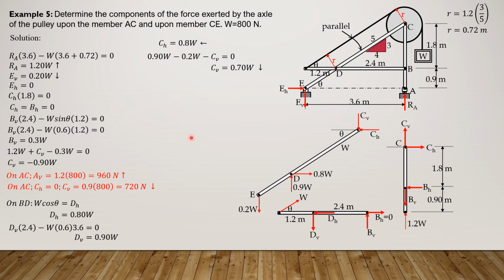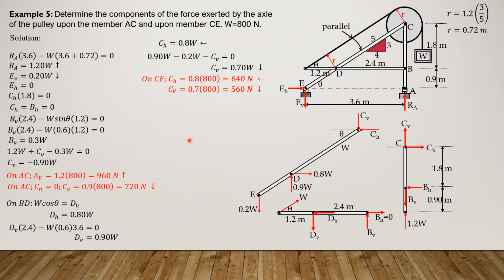So on member CE, the force exerted by the axle is: CH is 0.8 of W, 640 newtons leftward, and C sub V is 0.7 of W, so 560 newtons downward. So this is the complete solution to this problem.